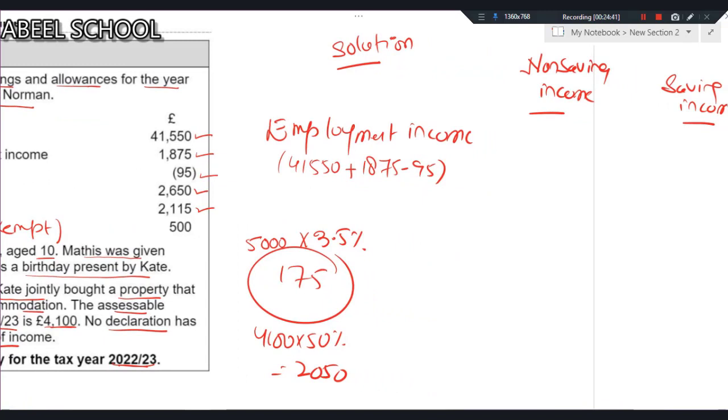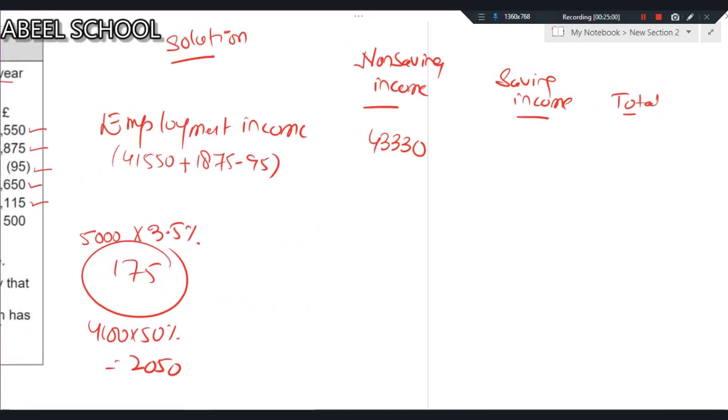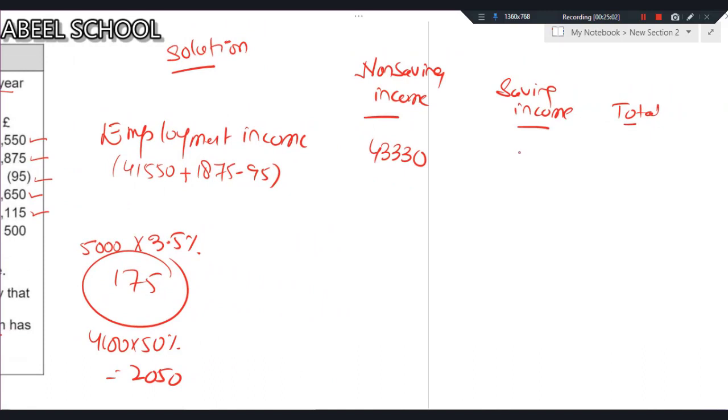So I'm getting non-saving income of 43,330. Let me recalculate so that there shouldn't be any arithmetical error. Otherwise, you people will be asking so many questions on WhatsApp, then it becomes difficult to answer. So the non-saving income is 43,330.